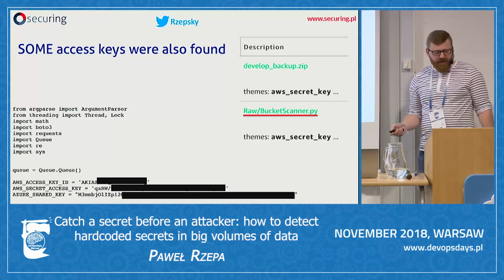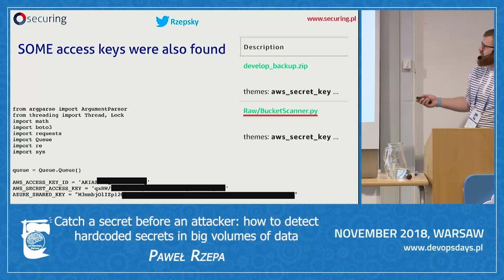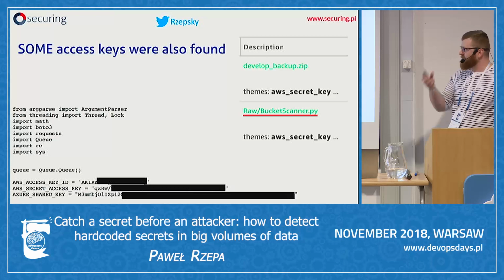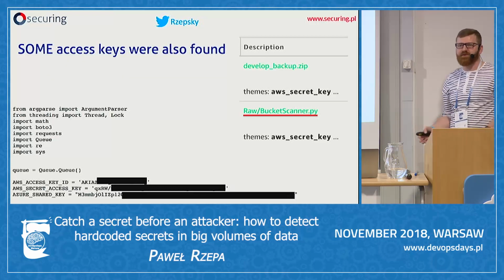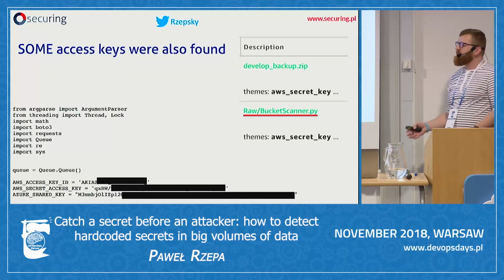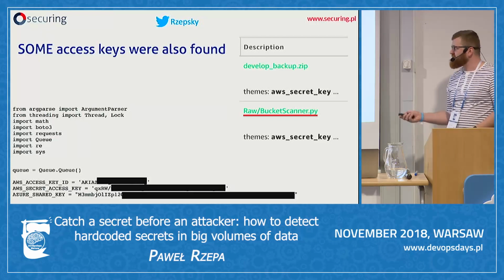It didn't have any problems with finding secrets in plain files. If you put all the files in the bucket, it didn't have any problems.